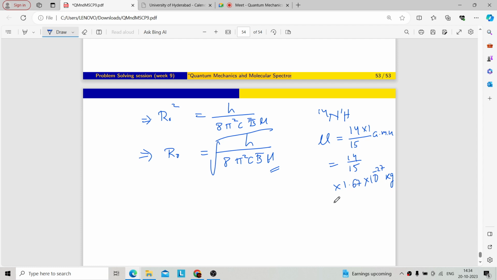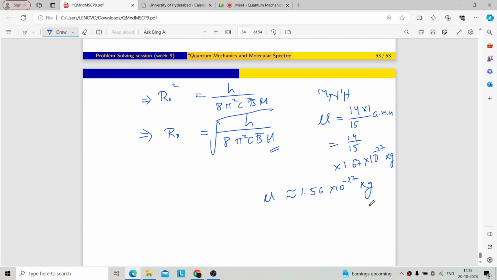Per AMU will be cancelled from this. So this will give us the reduced mass 1.56 times 10 to the power minus 27 kg. Okay, so we got the reduced mass.